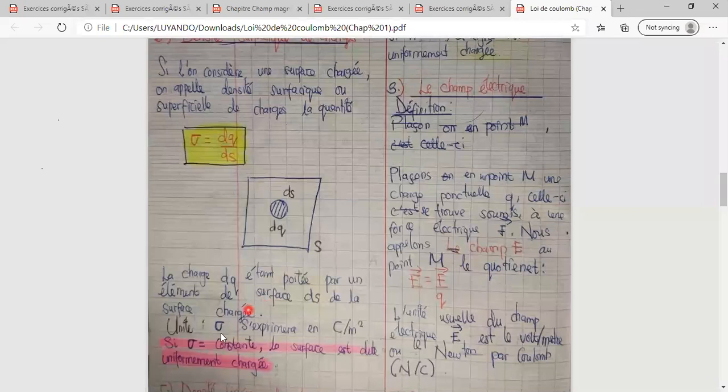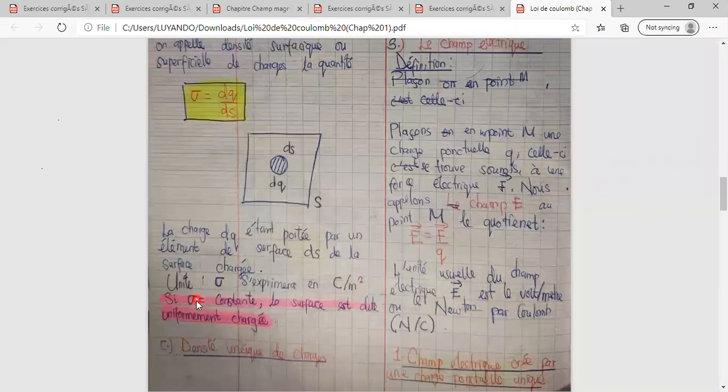This is expressed in Coulomb per meter squared. If this is a constant, the surface is said to be uniformly charged. So if you have this as a constant, we know that the surface is uniformly charged, and this is expressed in Coulomb per meter squared.